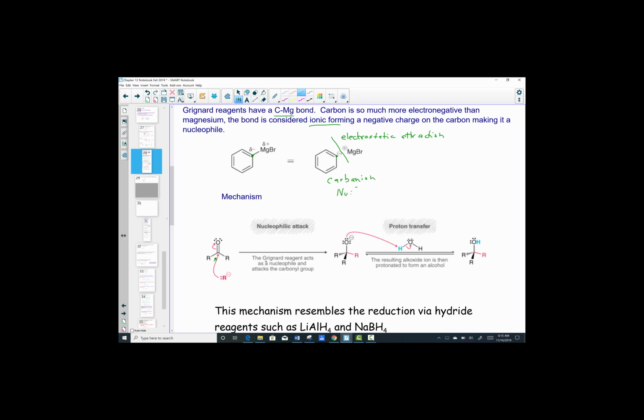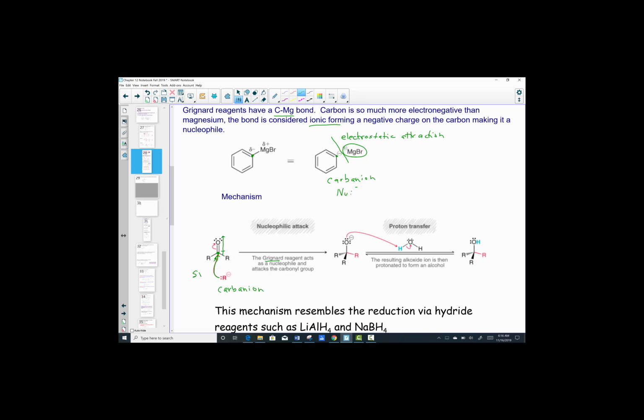But with a Grignard reagent, we have a carbanion, produced from the introduction of magnesium creating an ionic bond. The carbanion then attacks the carbon in this position. This is the carbonyl carbon. Remember, the oxygen is a very strong electron withdrawing group, so this carbon is considered electrophilic. The positive charge is the attack site for the carbanion.